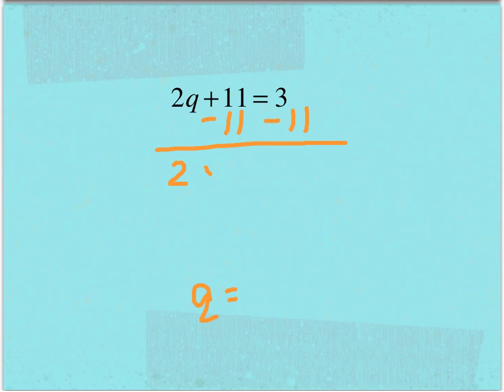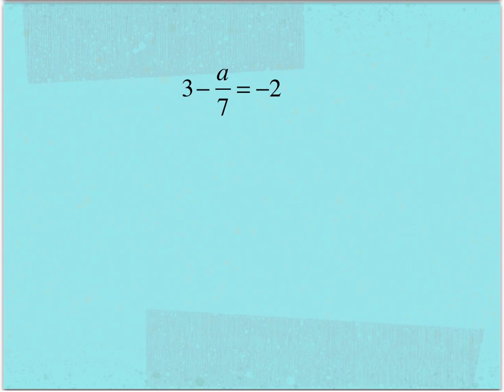So that leaves me with a 2q here equaling 3 minus 11, a little tricky, but I think you can figure out that that's negative 8. Now we have just a fairly easy one-step equation right here, and you know that I would now divide both sides by 2, and sure enough, this will give me my answer. Negative 8 divided by 2 is negative 4. So notice we did the addition first, then we did the division.